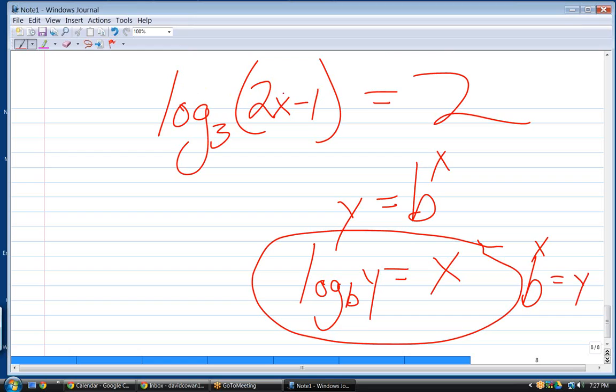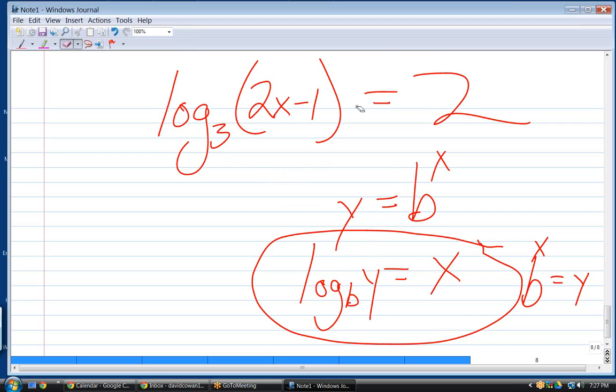Well, apply that to the problem you gave me. Okay, so it's going to be 2x minus 1 equals 2 to the... Tell you what, use my memory technique here.